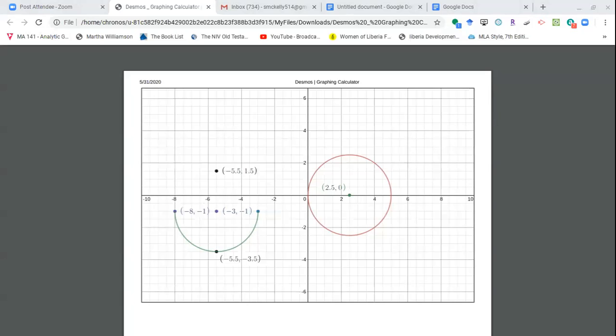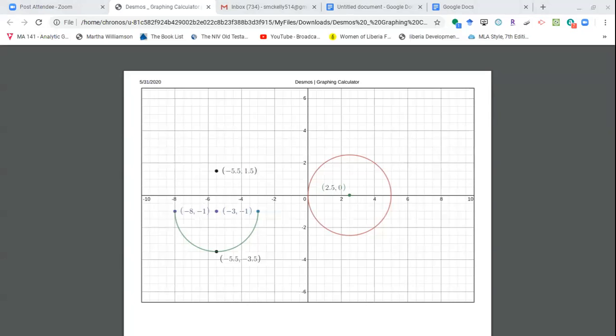It's on a line with the center, but it's not the y coordinate of the center because this piece is my circle.